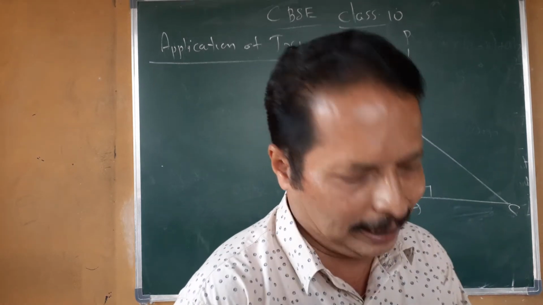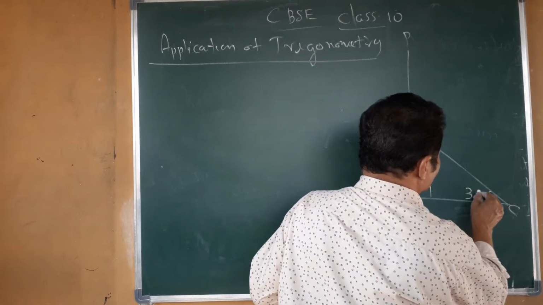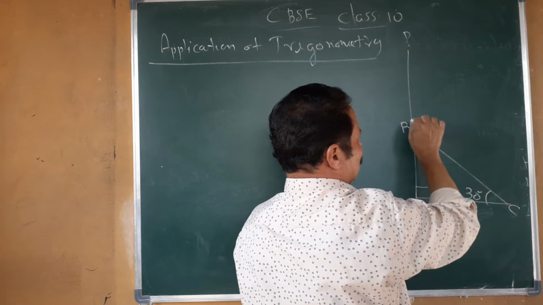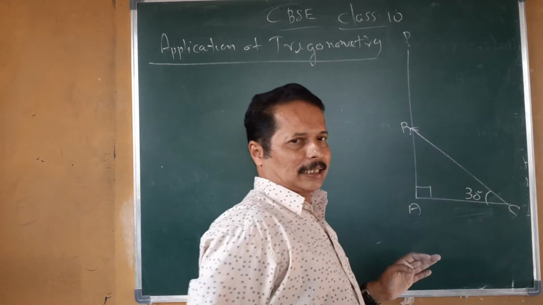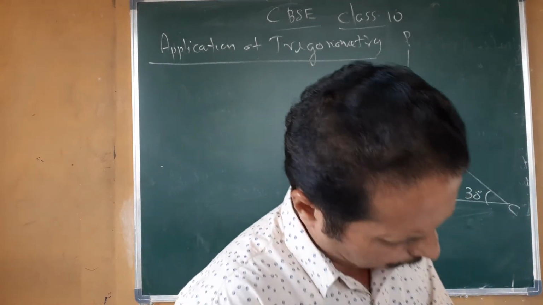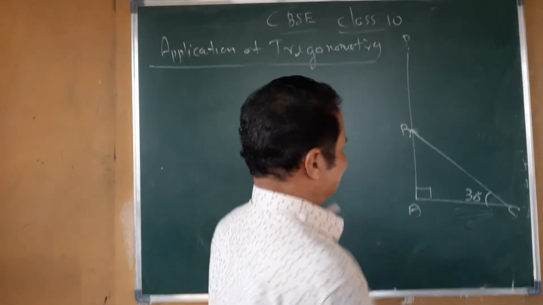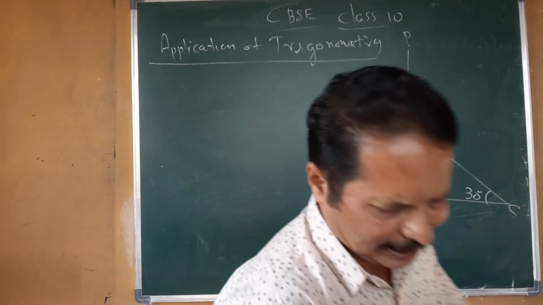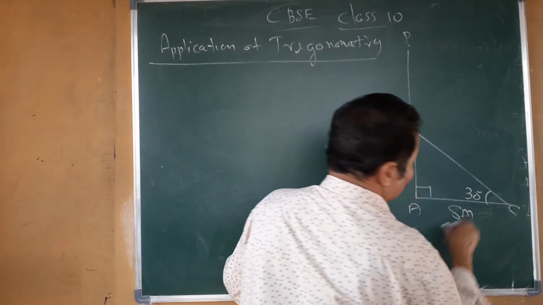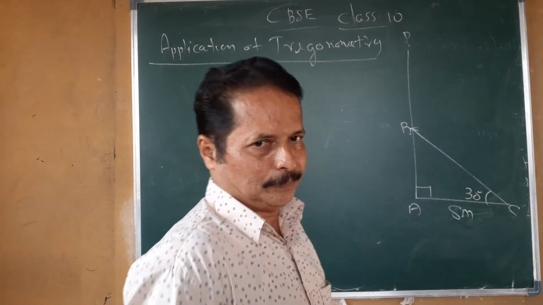And other given data, it makes an angle 30 degree with the ground. It breaks at P and touches the ground. This is 30 degree. You see that? And it is given the distance from the foot of the tree to the point where the top touches the ground. This distance is given as 8 meter. This is 8. The question is to find the total length of the tree.